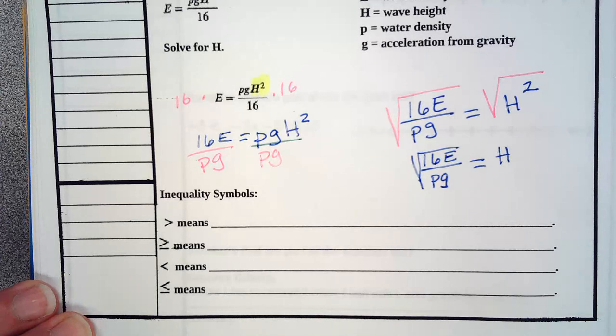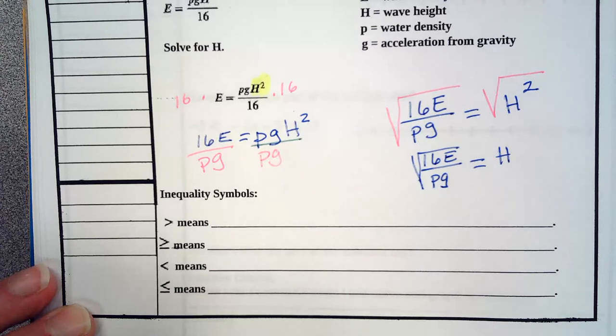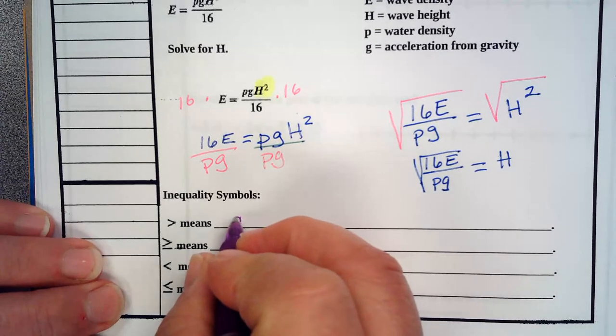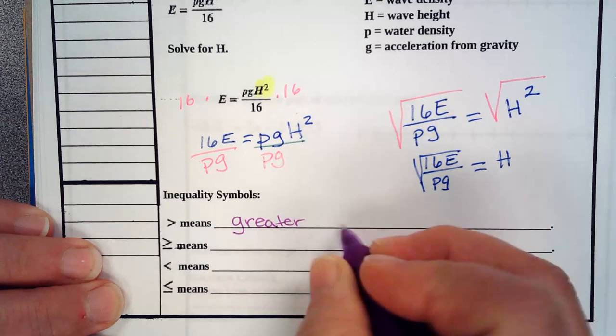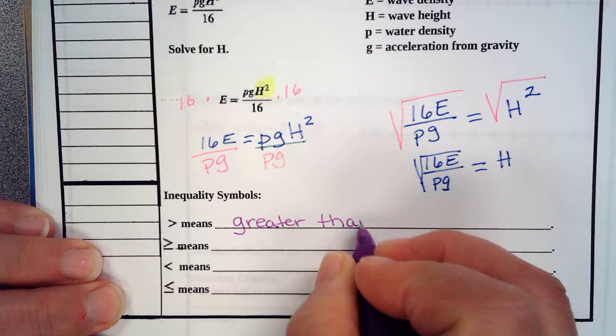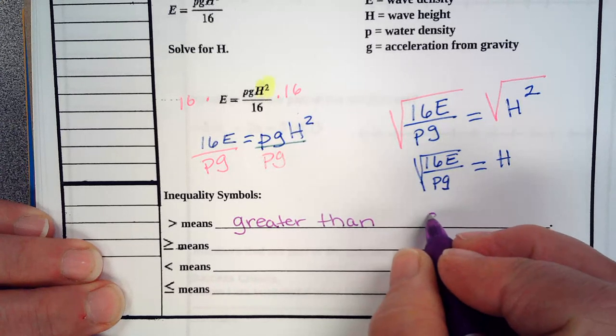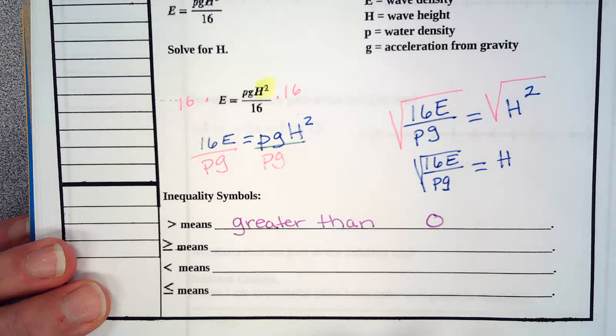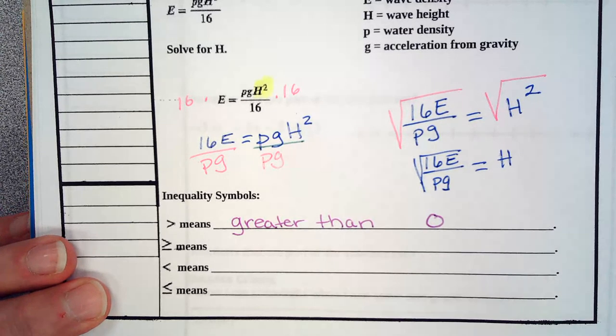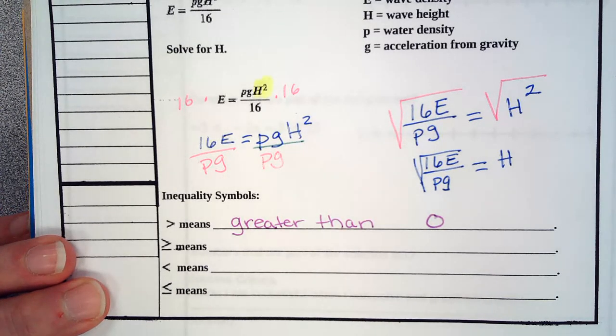Okay, so we'll do a quick review over what the inequality symbols mean. The first one means greater than. So if we're graphing it, we know that circle is going to be an open circle. It's greater than, it is not equal to, it will get very, very close to that number without ever touching it.